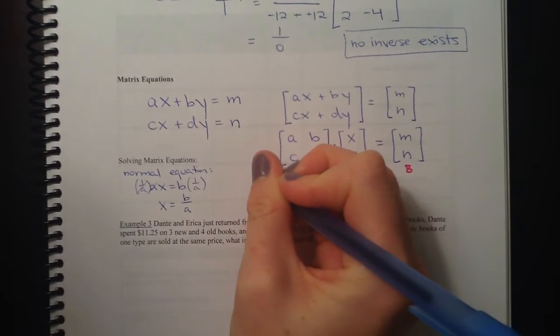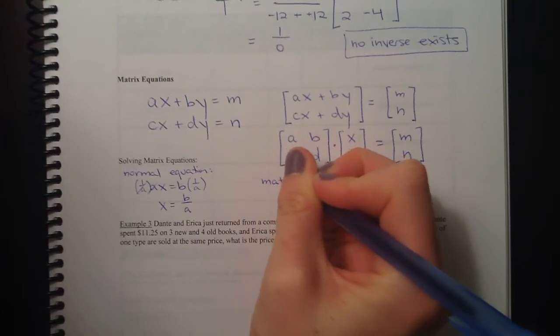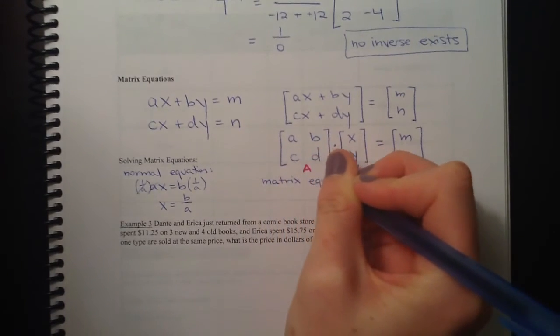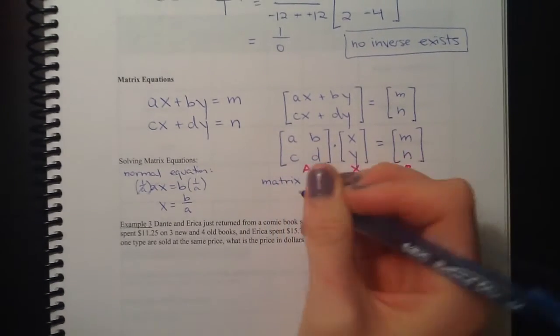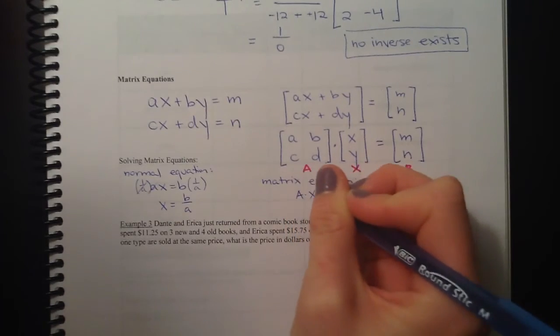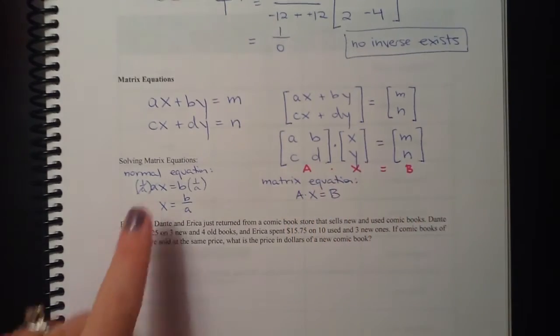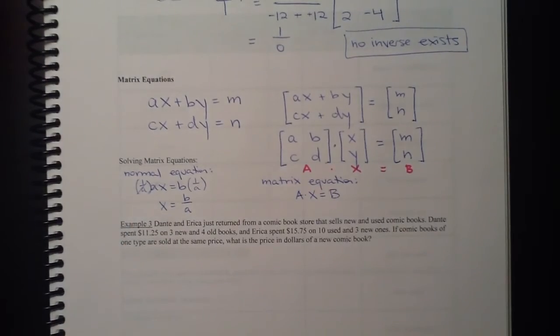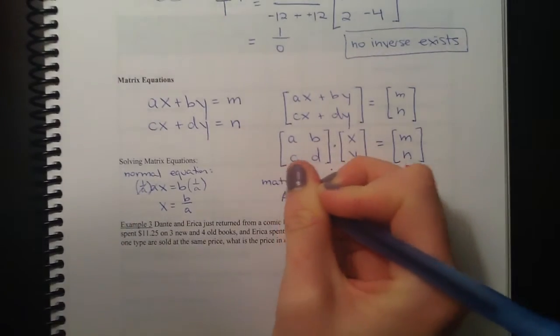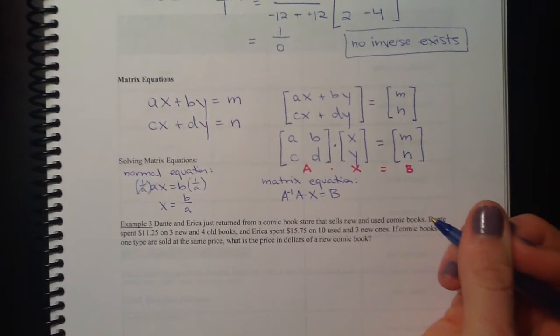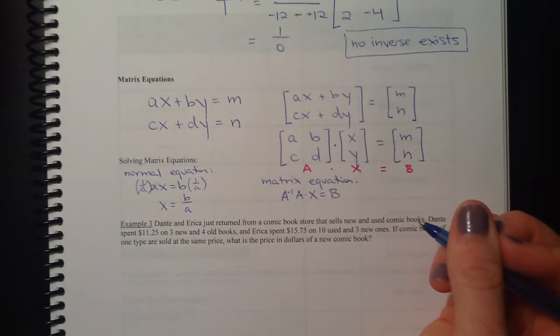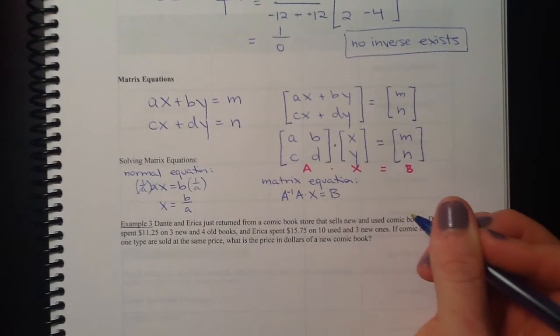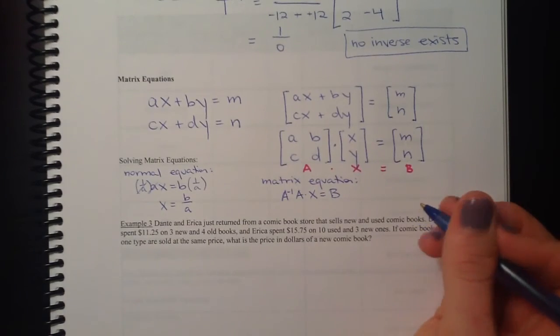Okay, so with matrix equations, you have A times X equals B. Just like we did here, you multiply by the inverse. To do that, we multiply both sides by A inverse, which we learned about in the previous section. But you have to be really careful when you're multiplying matrices, because it's important which side you multiply on, because matrix multiplication is not commutative.